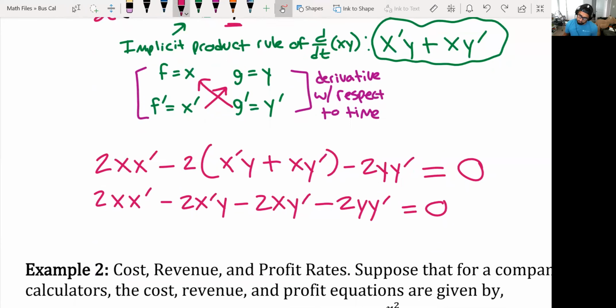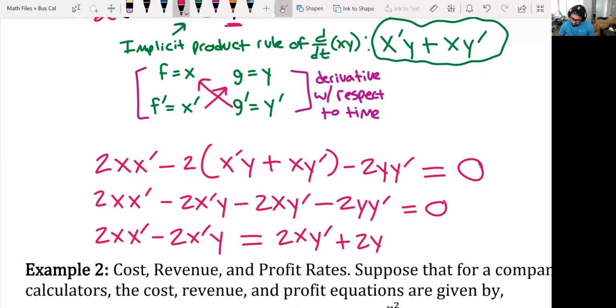So we will keep 2x x prime minus 2x prime y, and then add these terms over to the right side, 2x y prime plus 2y y prime. Okay.